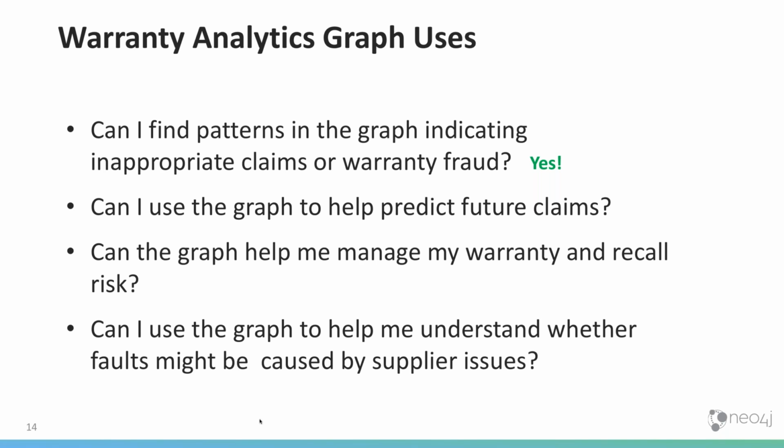When we find that pattern, we can look for other instances of that pattern in the database, so look historically through. And we can also then create a trigger, keep an eye out for formations of that pattern in future, so that we can be proactive before the situation ends up reaching the point of the inappropriate claim.